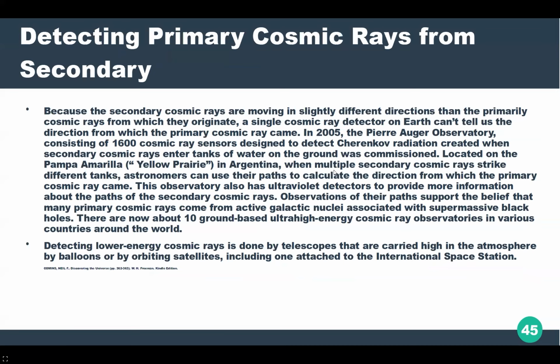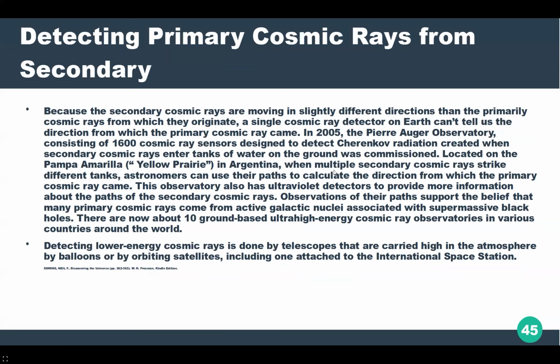In 2005, the Pierre Auger Observatory, consisting of 1,600 cosmic ray sensors designed to detect Cherenkov radiation created when secondary cosmic rays enter tanks of water on the ground, was commissioned. Located on the Pampa Amarilla in Argentina, when multiple secondary cosmic rays strike different tanks, the astronomers can use their paths to calculate the direction from which the primary cosmic ray came.